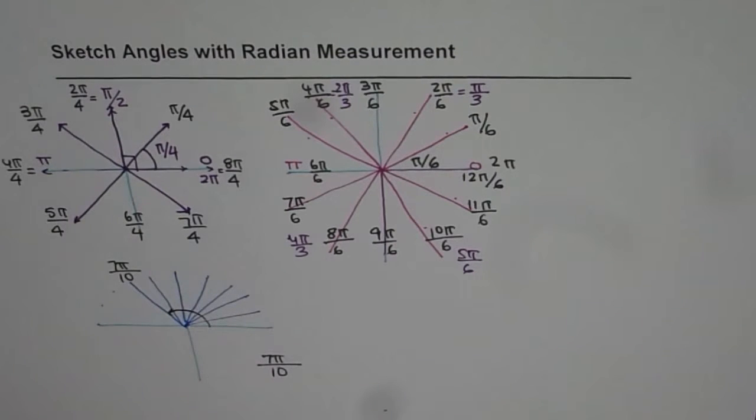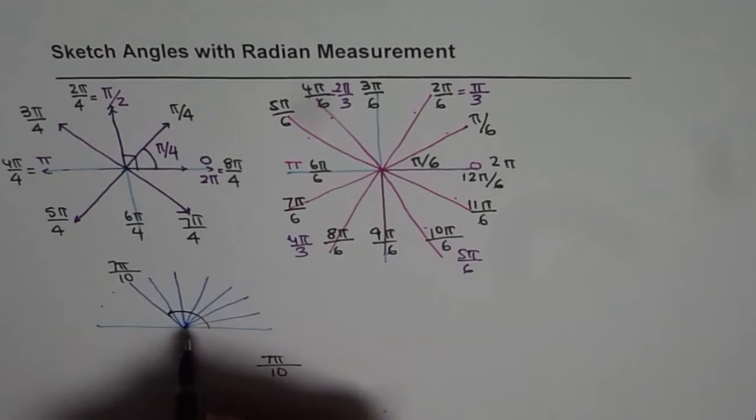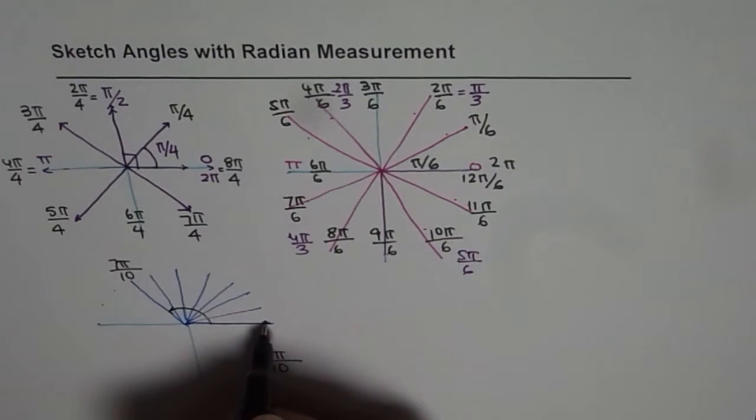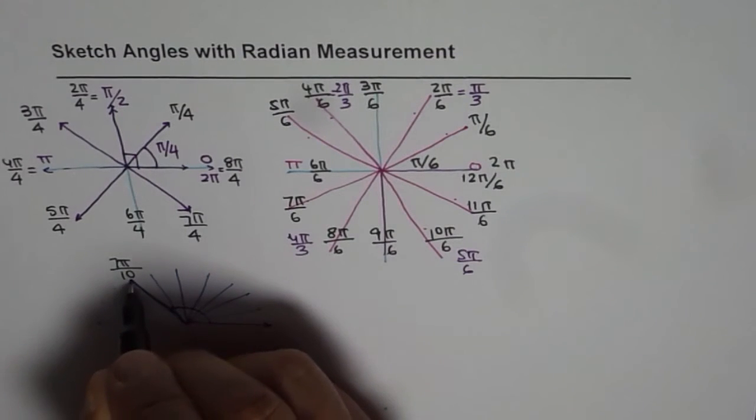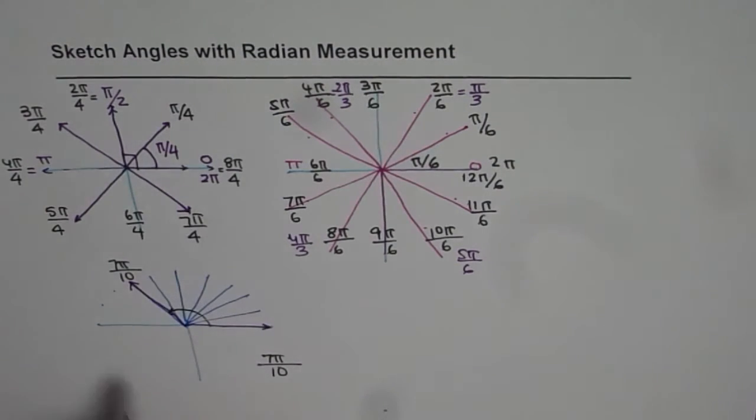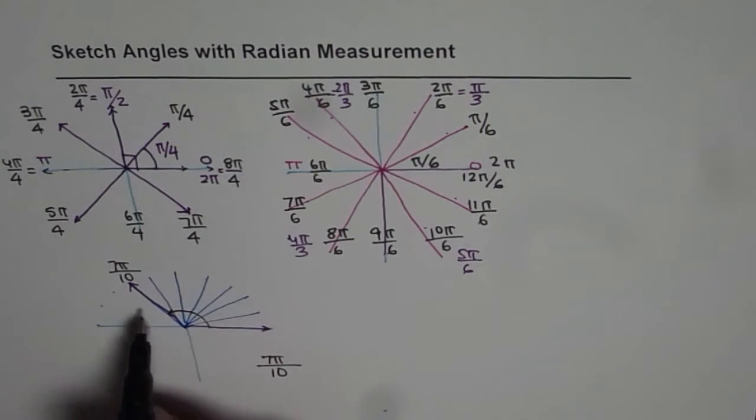So the angle for us is going to be initial arm along the x-axis and the terminal arm along the 7th tenth. So that is how you can divide and then draw your angles with radian measurements. And you'll appreciate we never used any protractor, correct? Simple division into equal parts helps us to draw or represent an angle.